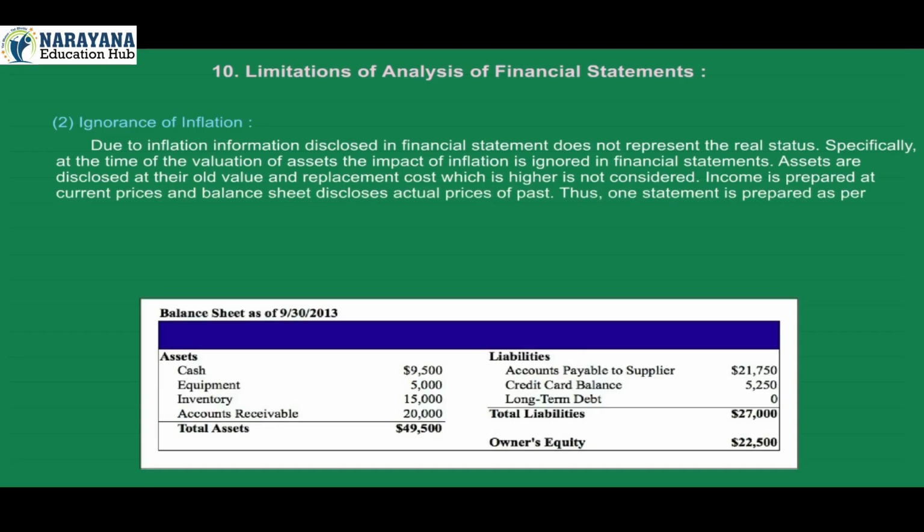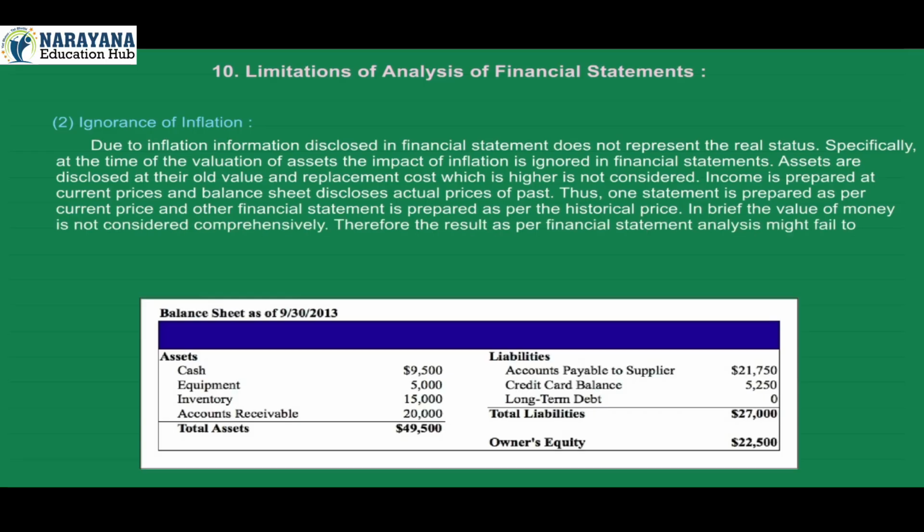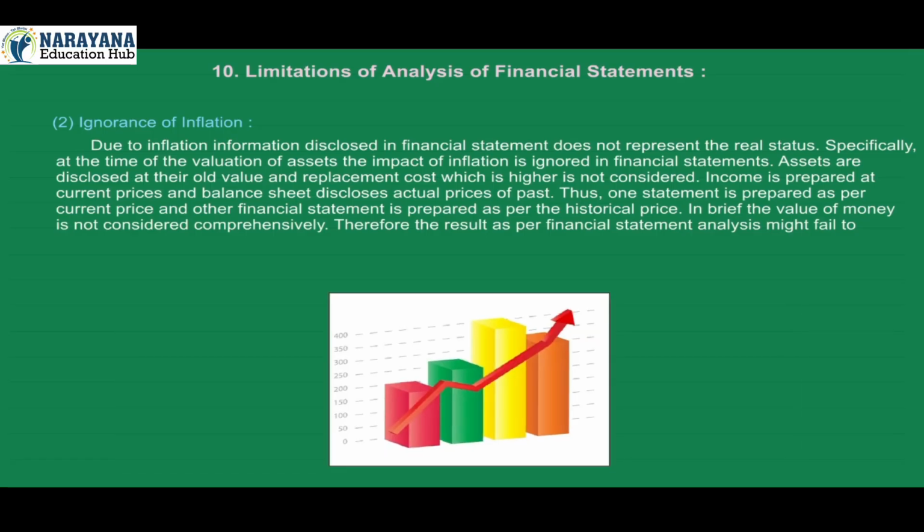Income is prepared at current prices and the balance sheet discloses actual prices of the past. Thus, one statement is prepared as per current price and the other financial statement is prepared as per the historical price. In brief, the value of money is not considered comprehensively. Therefore, the result as per financial statement analysis might fail to provide guidance.